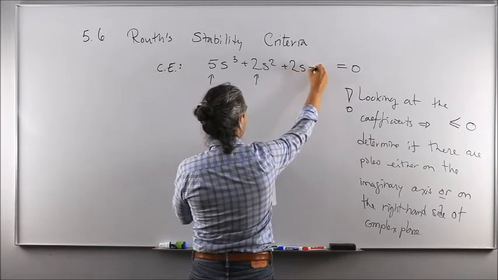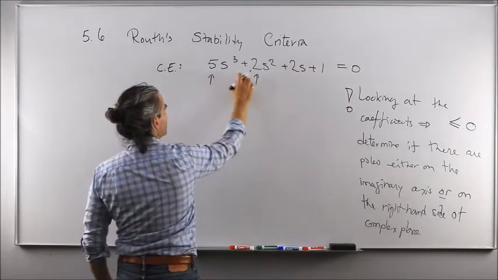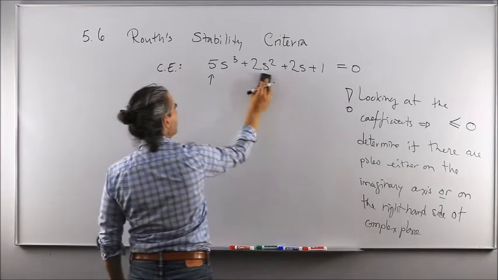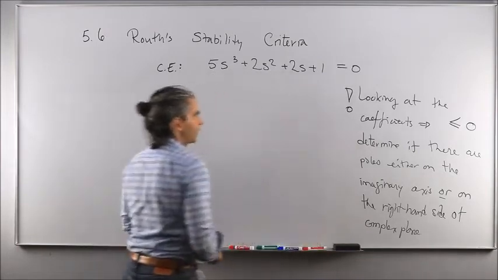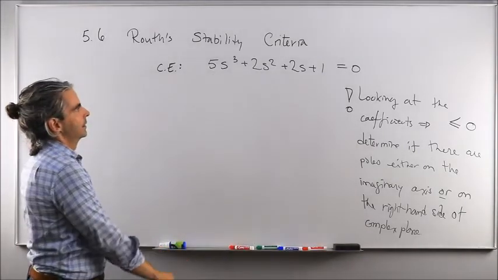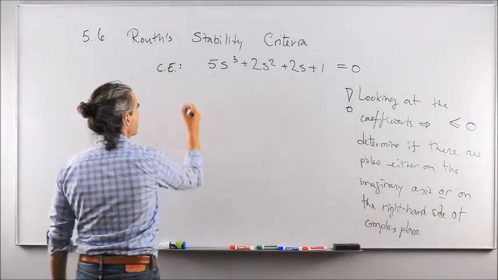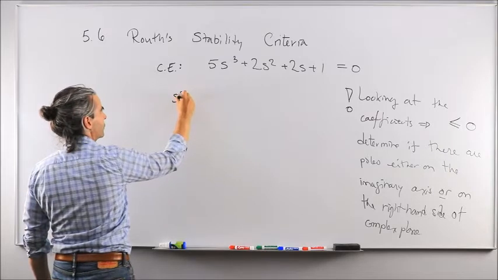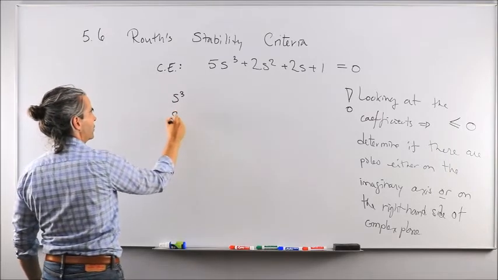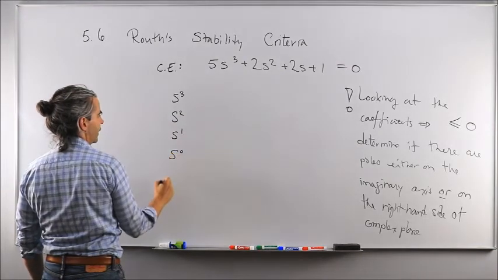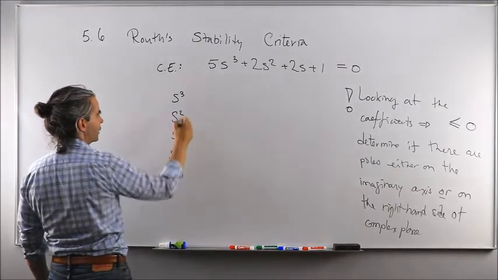Plus 2s plus 1. But here, everything is positive. There's no missing coefficients in this polynomial. So let's construct the Routh array and see what we end up with. Okay? So, building the first row here, s cubed, s squared, s, and s to the power of 0, just 1.